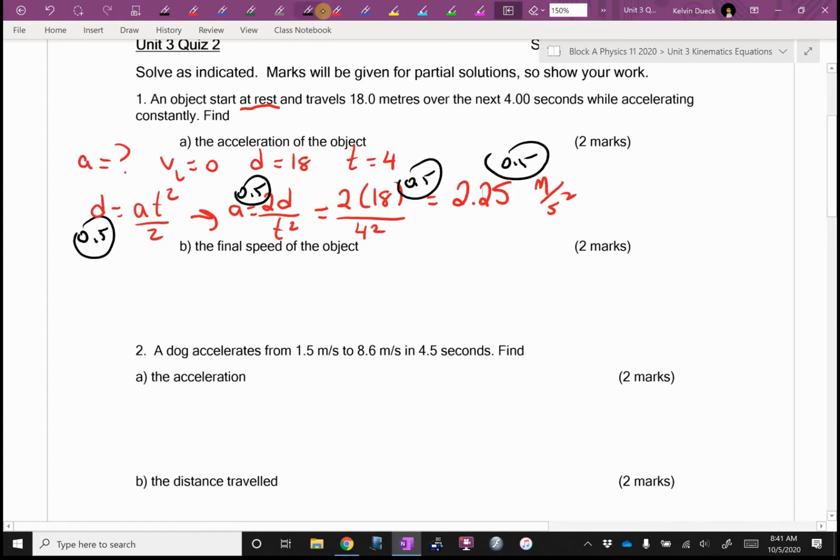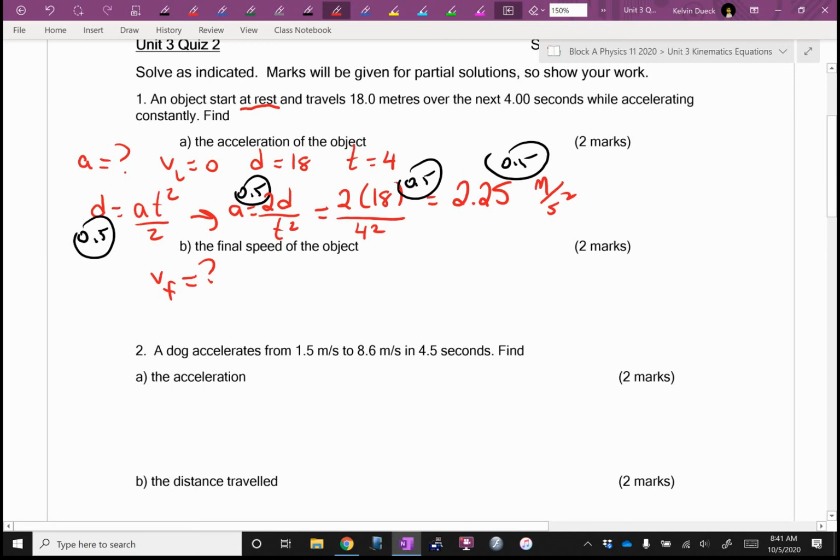Final speed of the object, so that's going to be VF equals question mark. I could use A. I could go like this, VF equals AT, and I'll come back to that because that's using an answer to find an answer. I only do that if I have to.